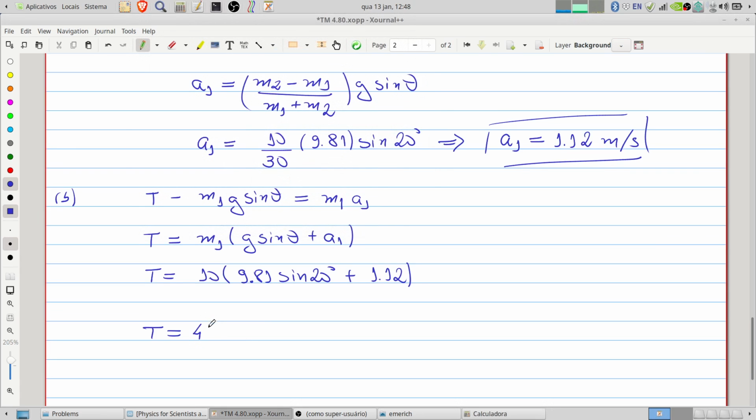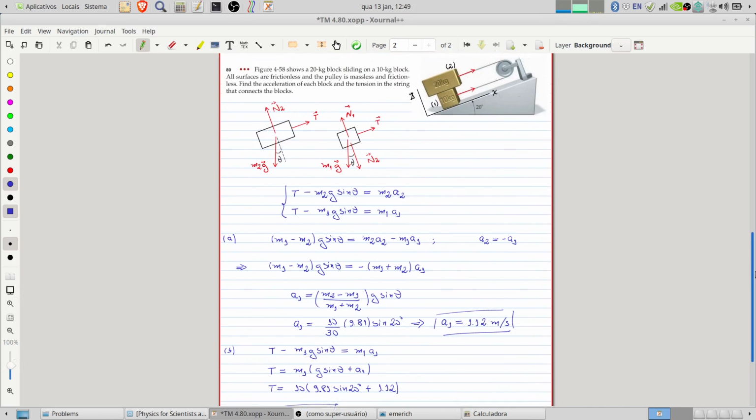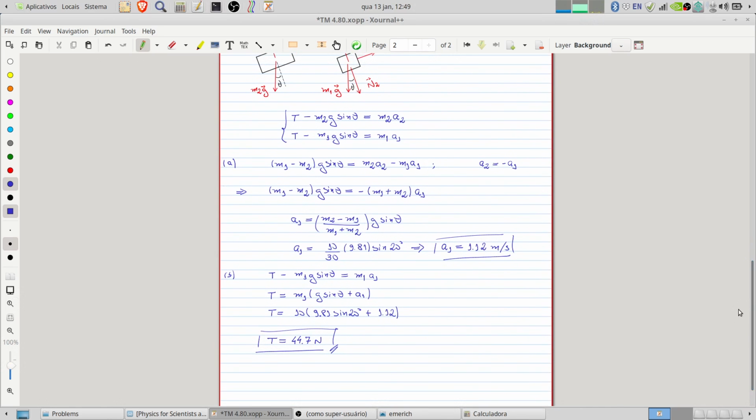Okay, 4.7 newtons is the tension in the string. And that's it. The problem is solved.